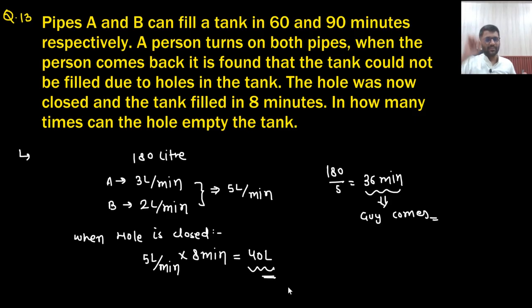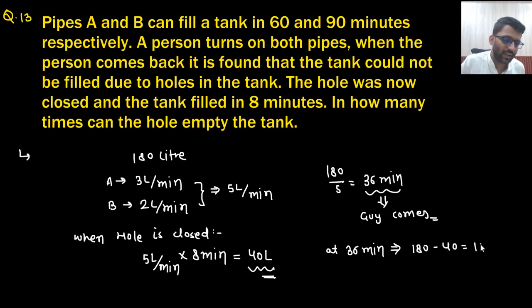So when the guy comes, at that time he needed to fill 40 liter more. That means how much part was filled at 36 minutes? At 36 minutes, 180 minus 40, 140 liter was filled.